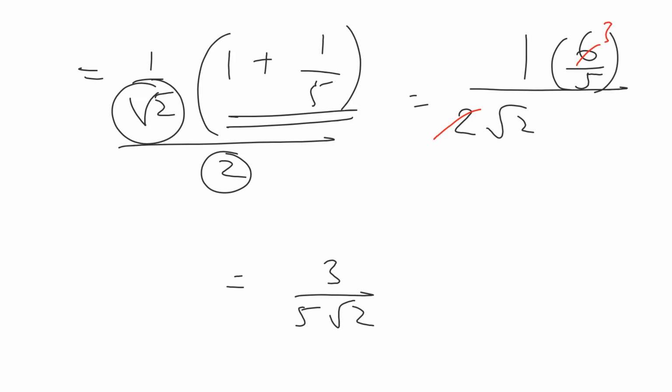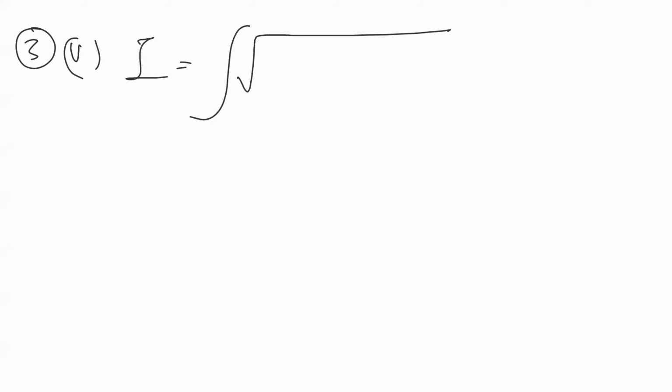That was question number 3, sub question 5. So I'll go to question number 3, sub question 5. Integration of root of 1 minus sine 2x dx from 0 to pi by 4.